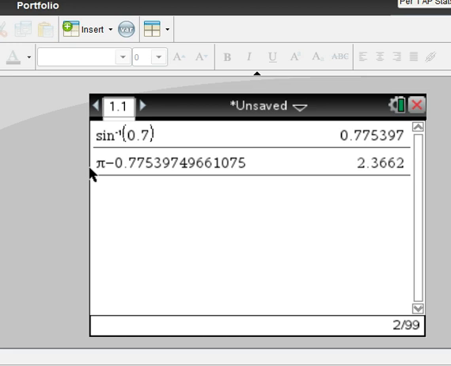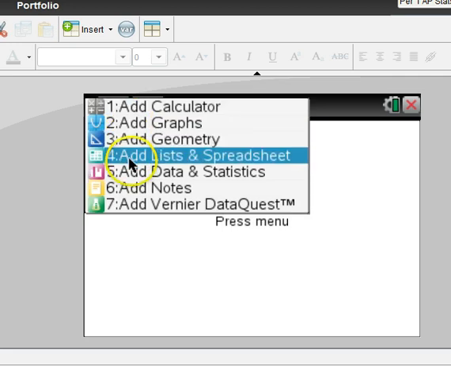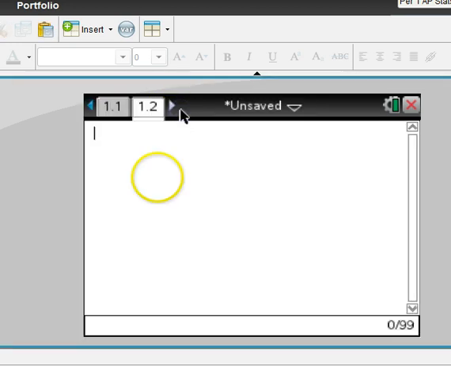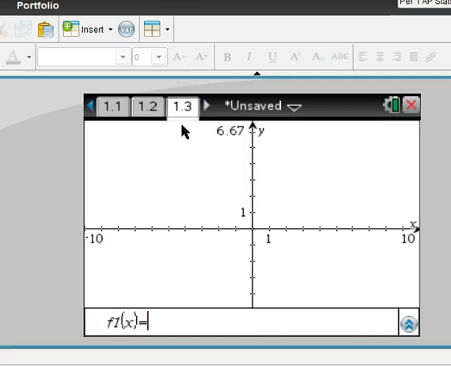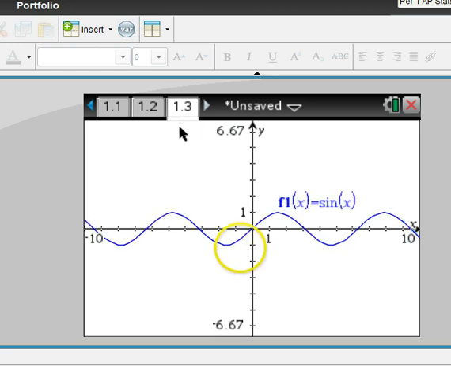I need to open a graphs page and type in y equals sine of x, and here's my sine graph. I'm not going to worry about window settings right now. I just want to check and see if 0.775 and pi minus 0.775 both give me the same trig value.